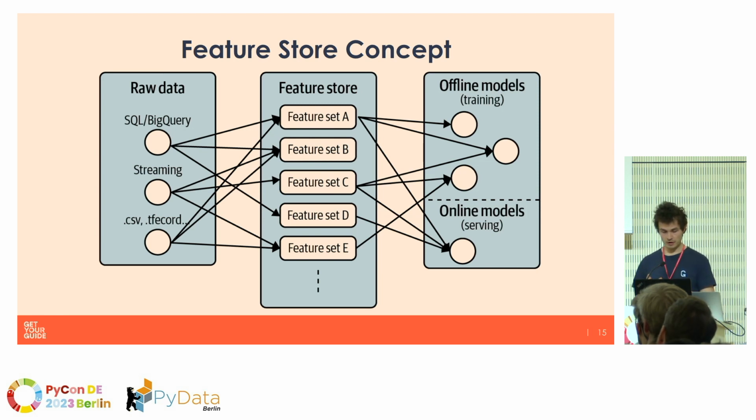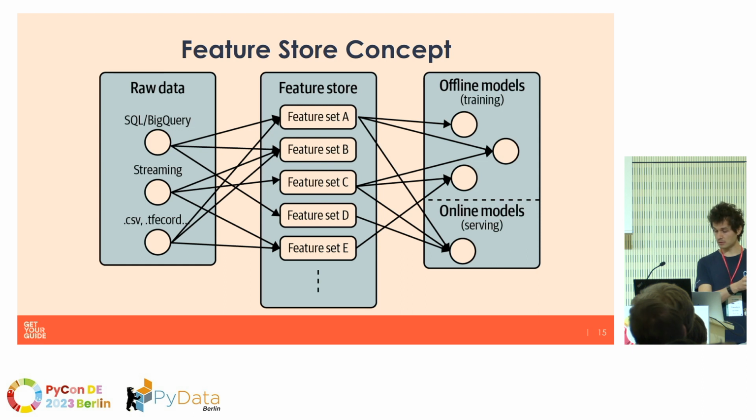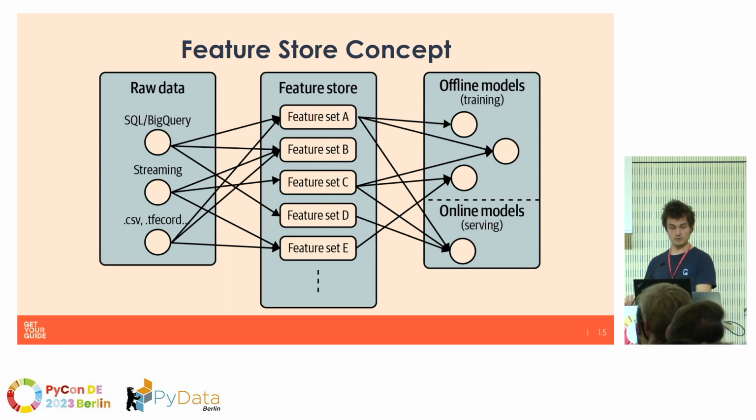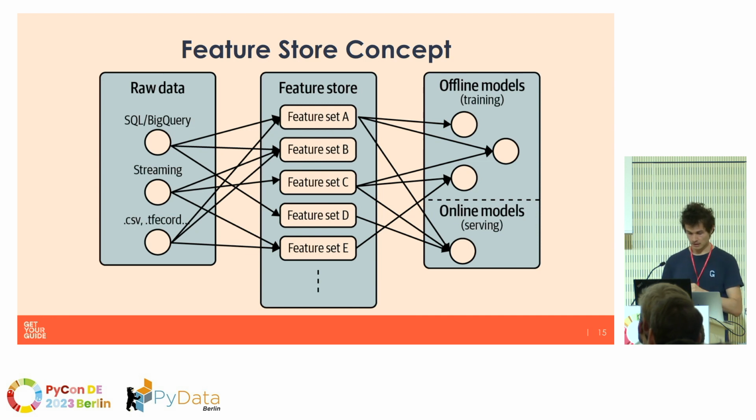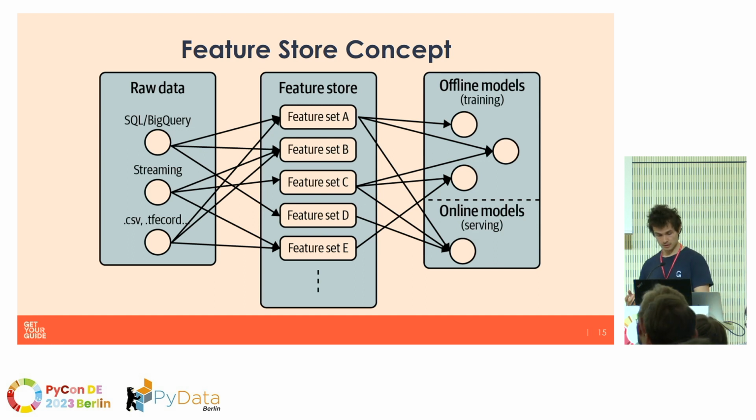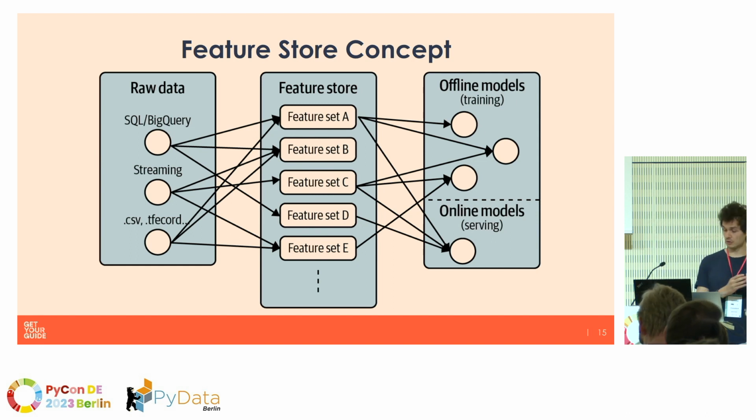It's a component that you have between your data sources on one side and the models that want to use these features. And it's basically tailored for ML, which makes it easy to get historical feature values for training, or just get the latest value when you want to do batch or online inference.